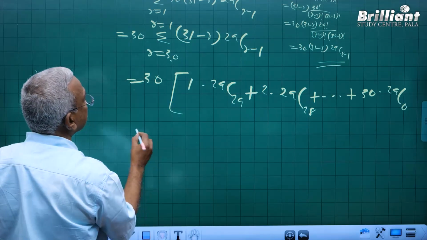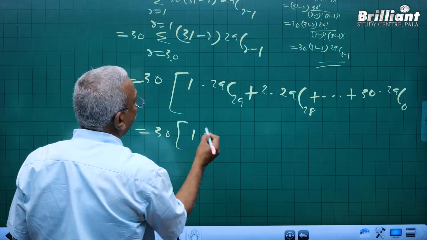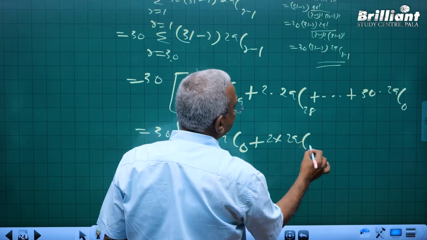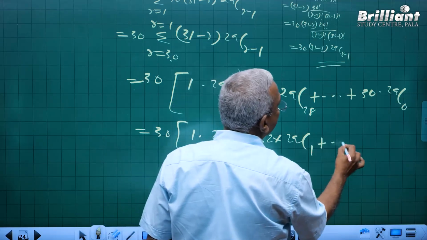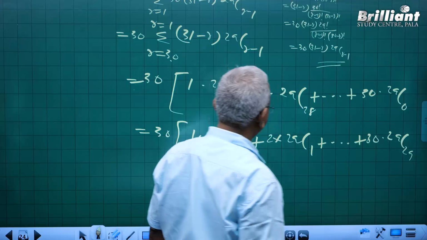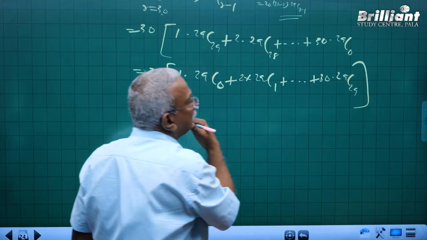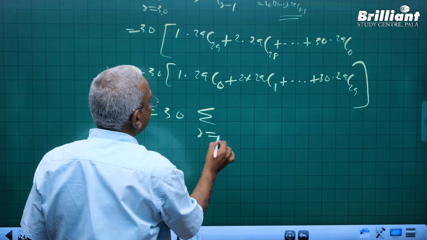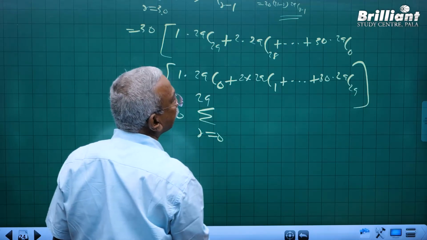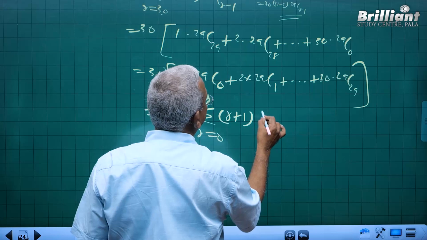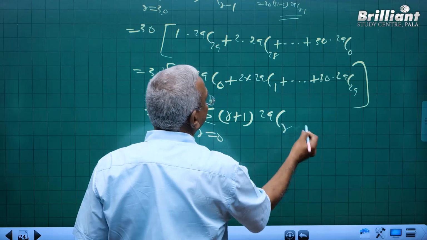So, we can retransform in the form 30 into 1 into 29C 0 plus 2 into 29C 1 plus etc. plus 30 into 29C 29. This is the form. This we can transform in the form 30 into sigma r is equal to 0 to 29, r plus 1 into 29Cr.